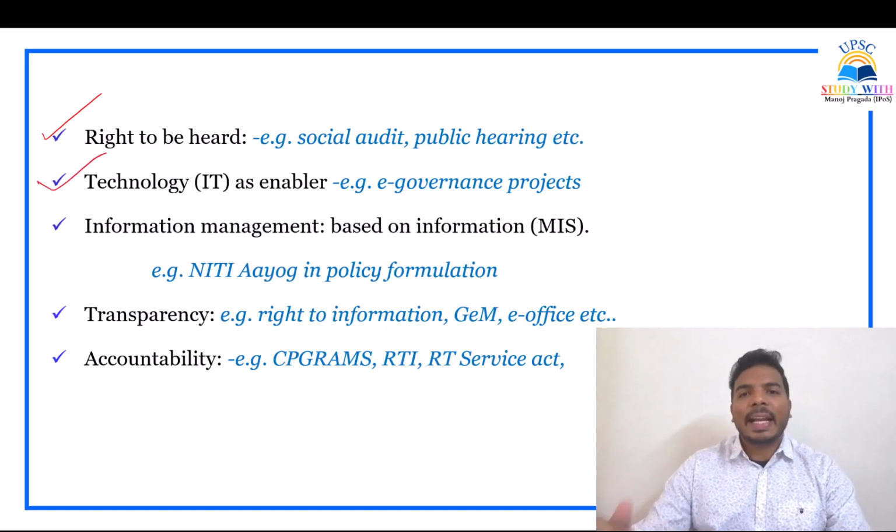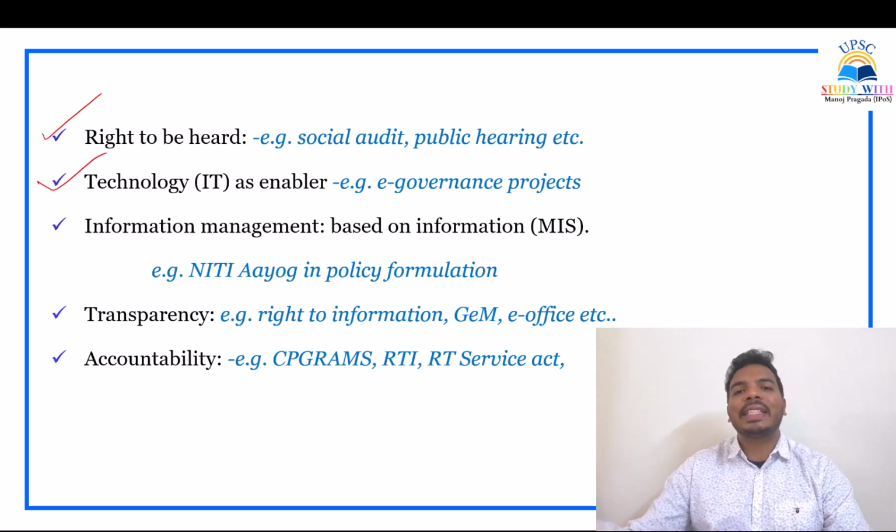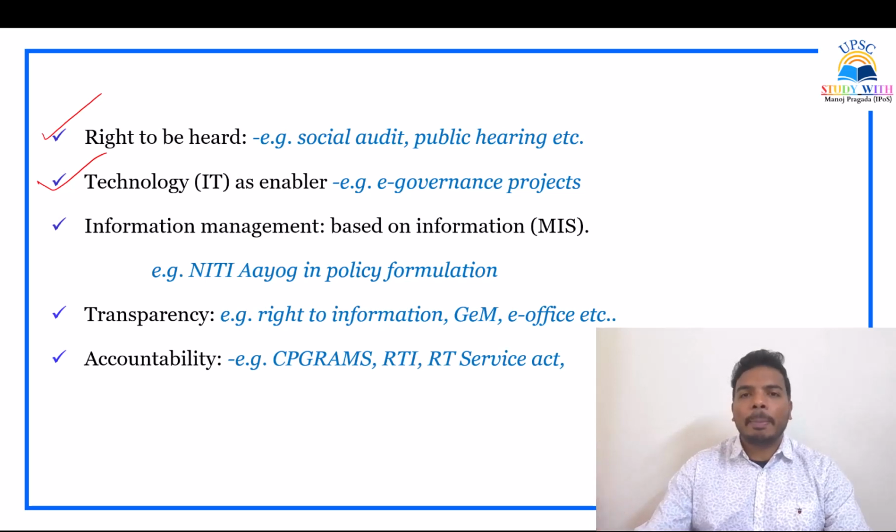Next is, with the rapid advancements in technology also, civil servants have to imbibe objectivity, because you see there are so many e-government projects. So many means literally so many. Every department, every public-facing organization is coming out with its own e-governance projects, its own websites, its own applications.